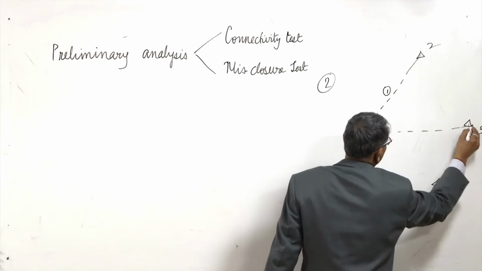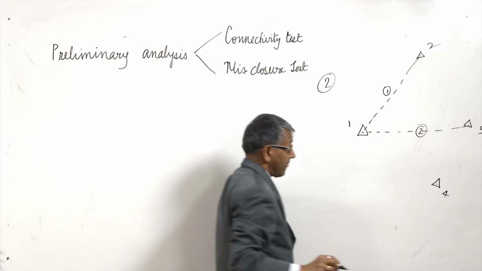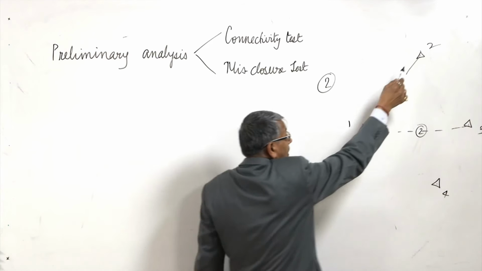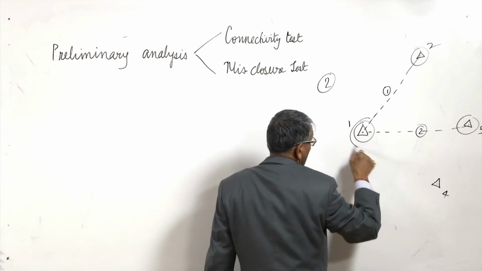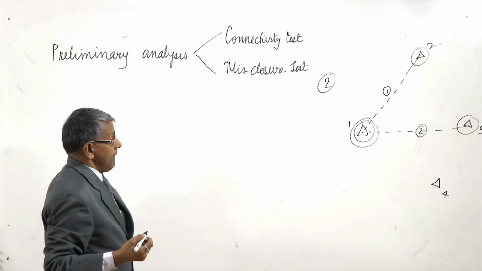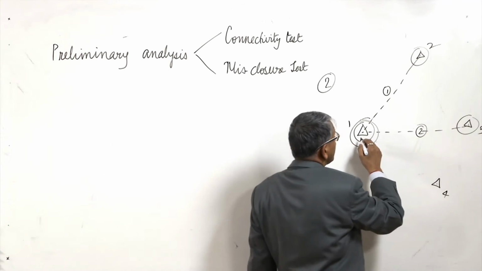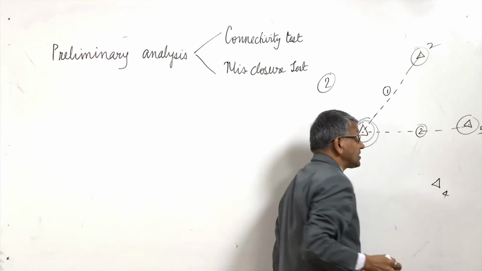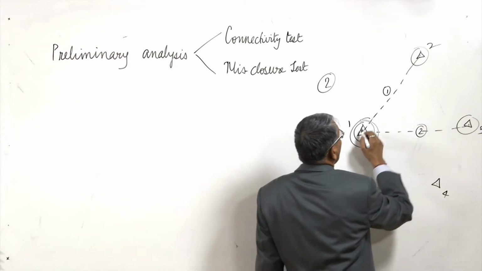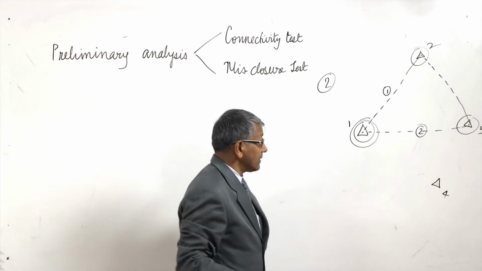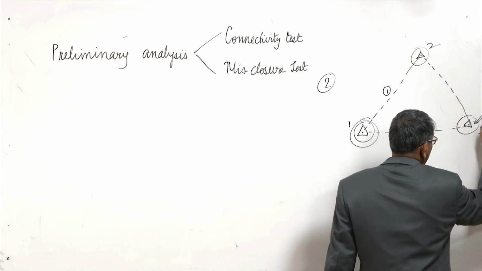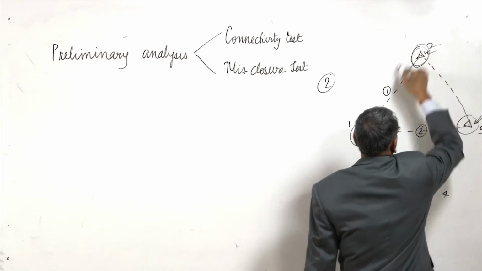Now you see the observation of 2 and 3 has a common station. Now keeping 3 in its position, the receiver at 1 will be shifted here and we will take the observation here. Then the observation at 3 and 2 will be common.